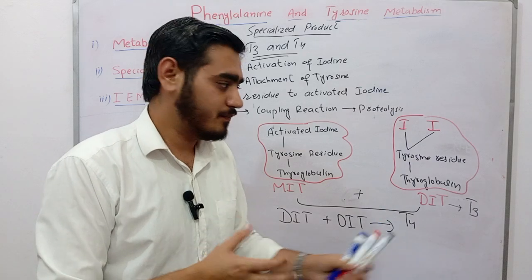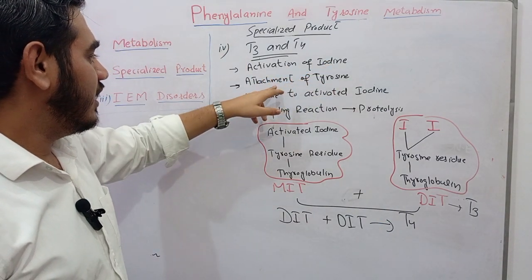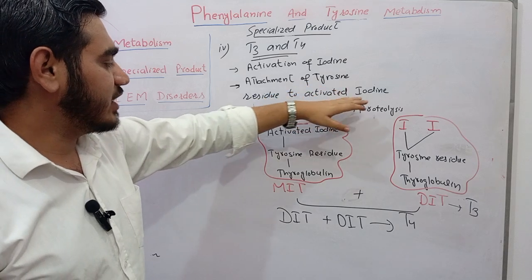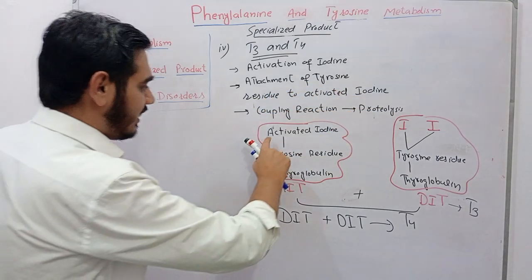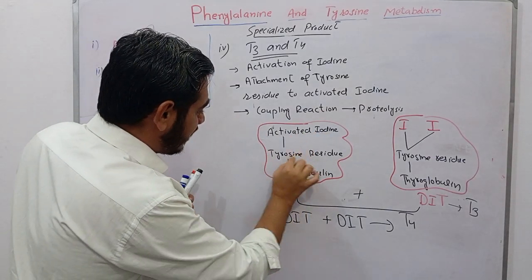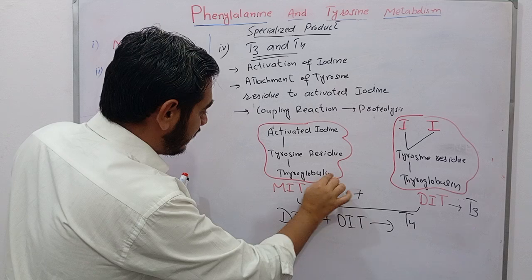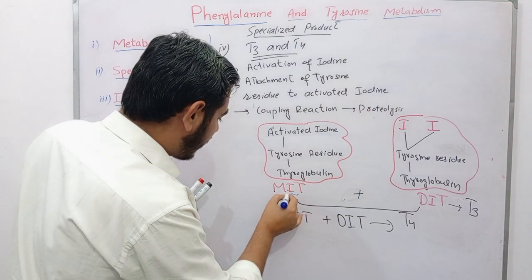I'm repeating, there are 4 steps: activation of iodine, attachment of tyrosine residue to activated iodine, coupling reaction and proteolysis. To activated iodine, there is attachment of the tyrosine residue of thyroglobulin, and there is a formation of monoiodotyrosine.